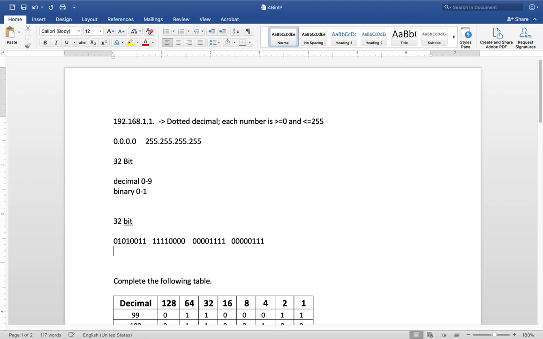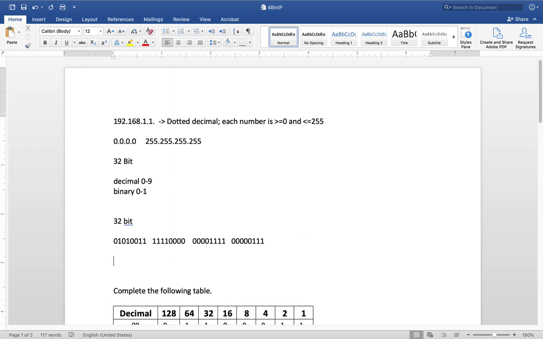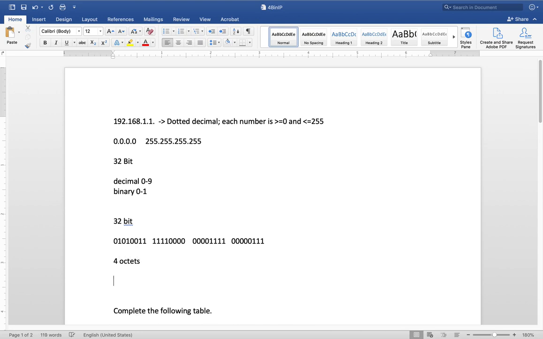This is a 32-bit number. I've made groups of 8 bits. These are called 4 octets. A group of 8 bits is basically an octet, or 1 byte, so 4 bytes.